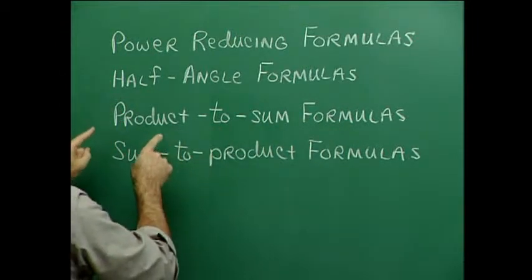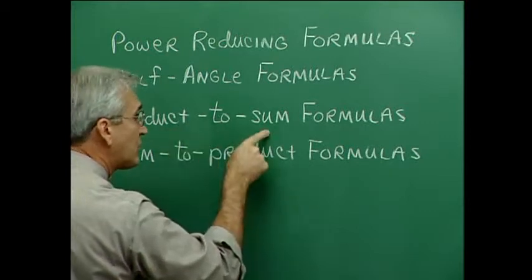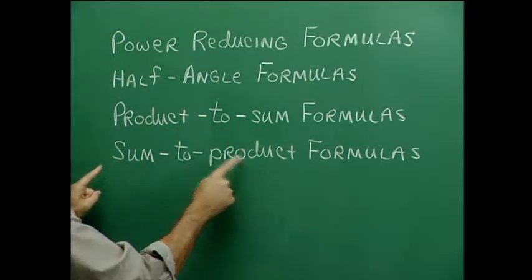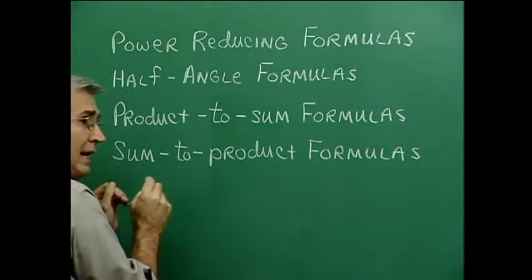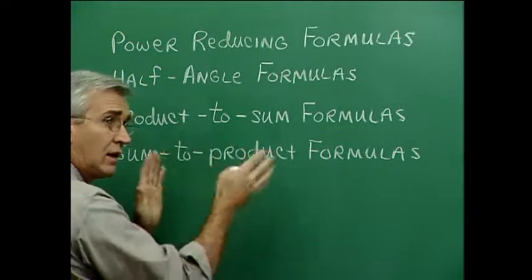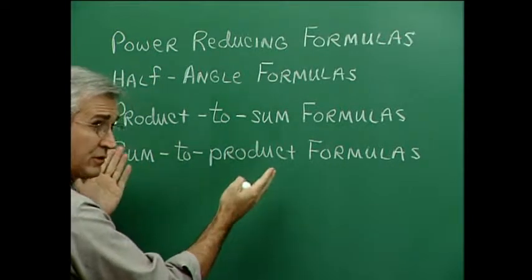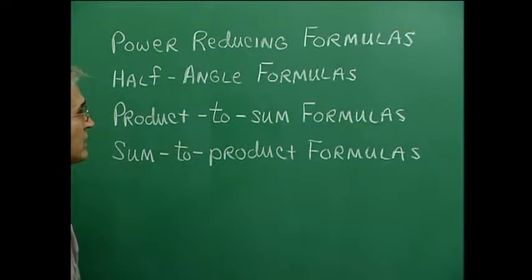It's as though we're looking at a product and we want to express this as a sum. Sum to product: we have the sum of two items, that is the sine of one angle plus the sine of another angle, and we want the product of a couple of items. And there's a particular purpose for going through and using formulas such as these.